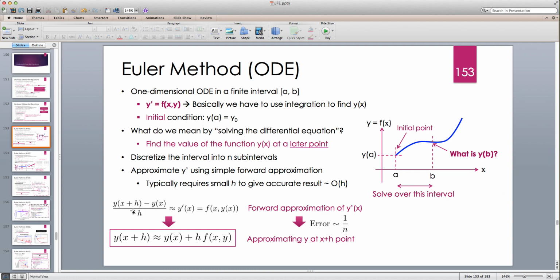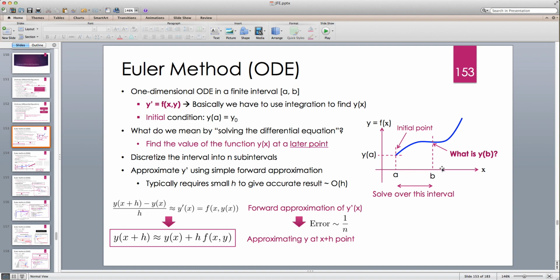In order to do that, the very basic approximation is to write y prime as a simple forward approximation, y of x plus h minus y of x, divided by h. Here h represents the length of a subinterval. So we discretize the interval from a to b into n subintervals, and h becomes b minus a over n. And we said that we always prefer uniform partitioning because of its simplicity.